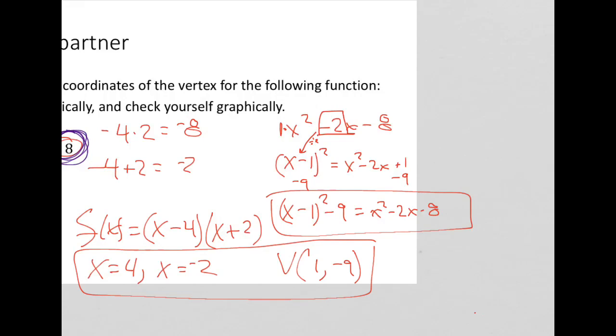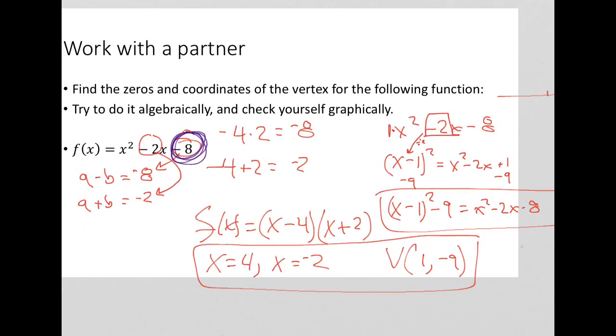Check yourself graphically. We could even sketch this graph real quick because I have x-intercepts at 4 and negative 2, and my vertex is at x value positive 1 and y value negative 9. So I'm right there, going up like that. Where's my y-intercept going to occur?